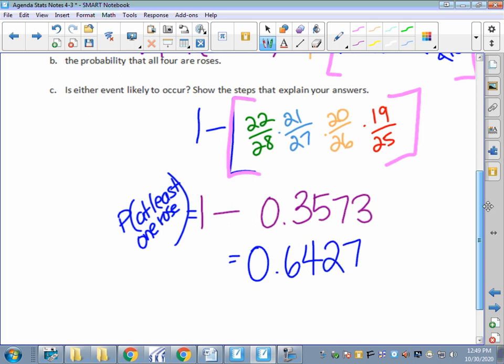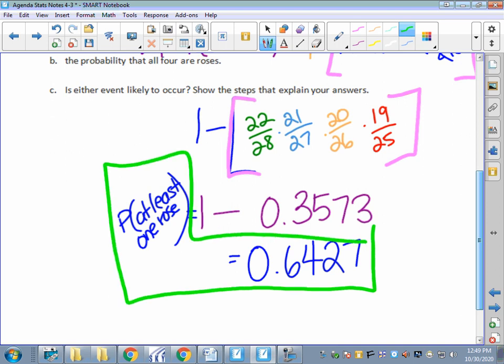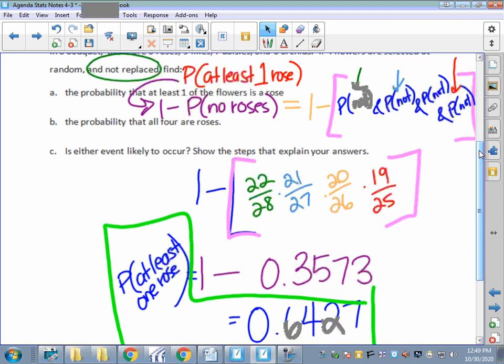Check my math. But I think that's what I've got. If that feels overwhelming, don't get stressed. We'll do more practice with those and we'll talk about those more. But it is kind of a cool concept and we will use it some more. If we can make our math a little bit easier, let's make our math a little bit easier.